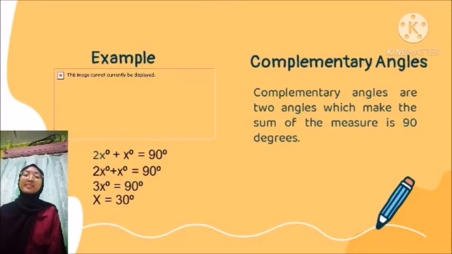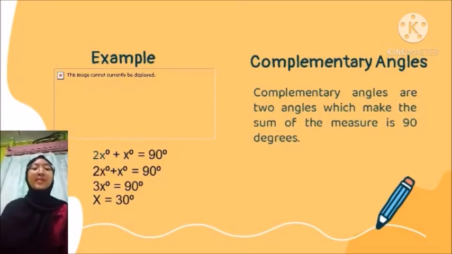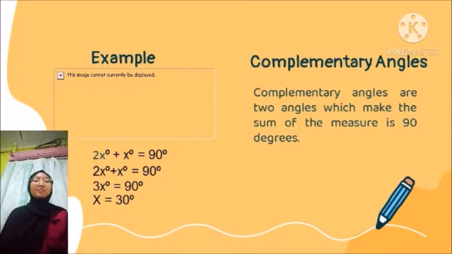Complementary angles are two angles whose measures sum to 90 degrees. For example, we can see the picture. From the picture, 2x degrees plus x degrees equals 90 degrees.